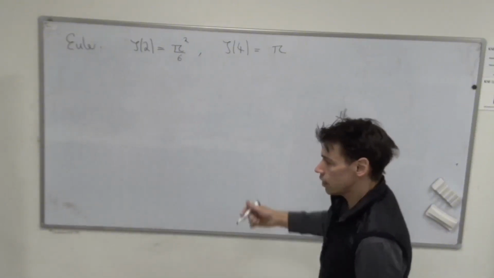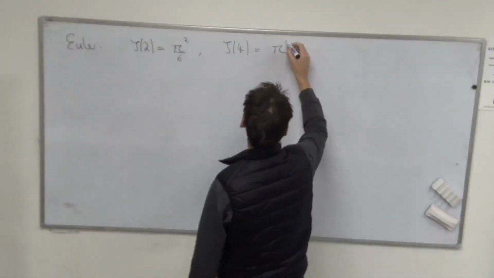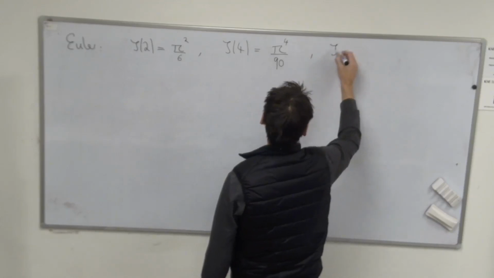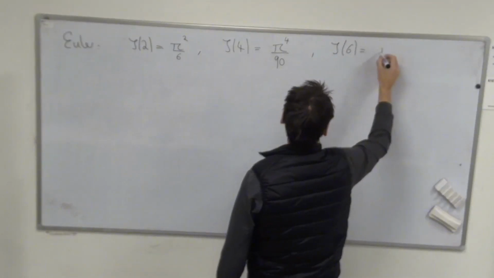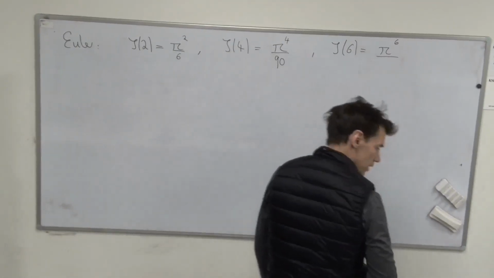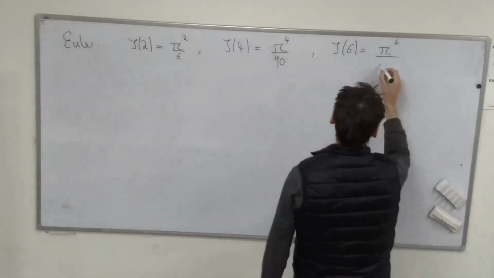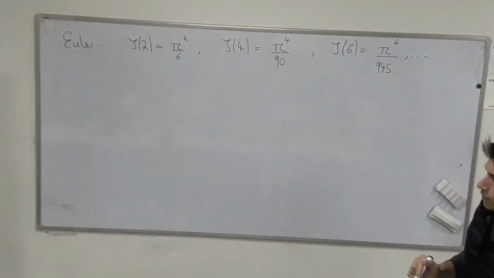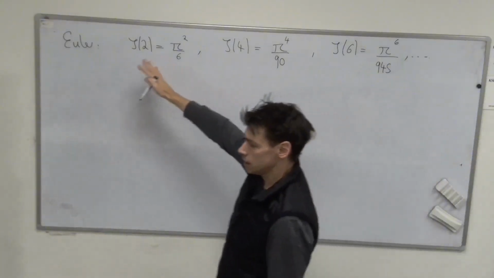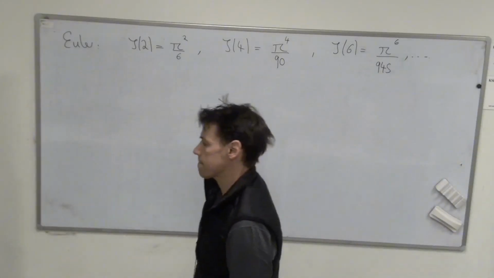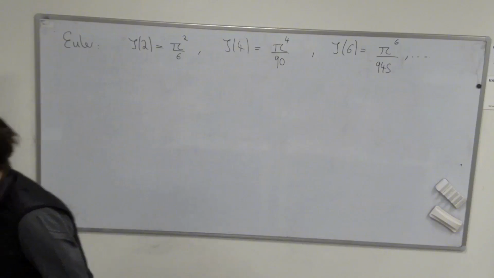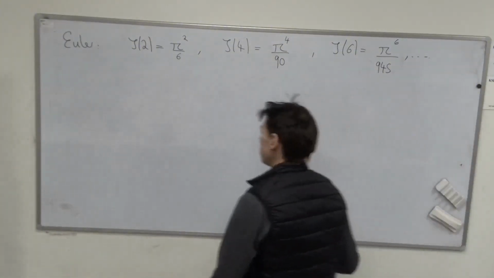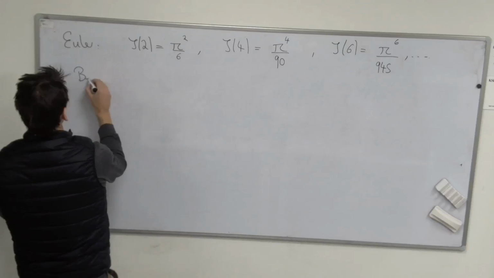But at the same time, he proved a lot more: zeta 4 is pi to the 4 over 90, and zeta 6 equals pi to the 6 over 945. In fact, his proof gave a formula for every even zeta value, so sums over even powers of all integers. And the answer is expressed in terms of Bernoulli numbers.